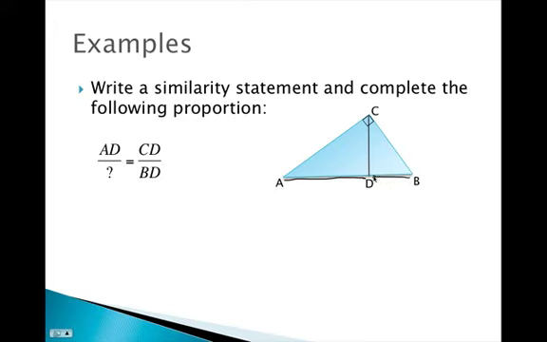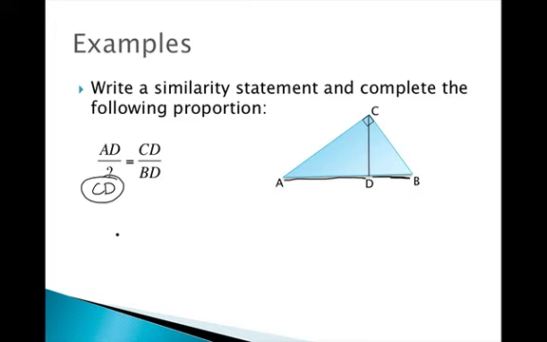Okay, so this looks very similar to the theorem that we learned a couple of slides ago, which states that CD is the geometric mean of the two segments that are divided by the altitude, segments AD and DB. And in fact, we can apply that theorem to this proportion and say that AD over CD equals CD over BD. So our answer to this proportion is CD.